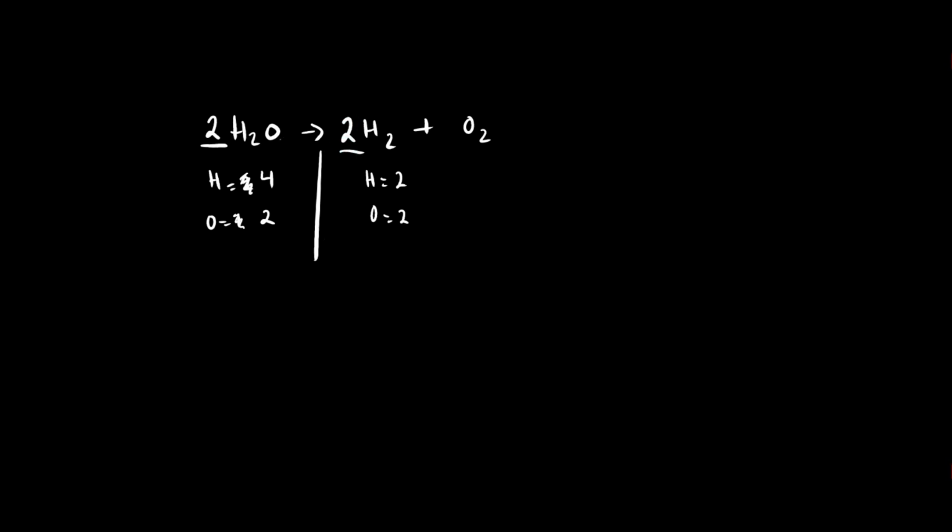If you don't see a subscript or a small number by the elemental symbol, then you can assume it's a 1. If you don't see a number in front of the elemental symbol, you can assume that the coefficient is 1.